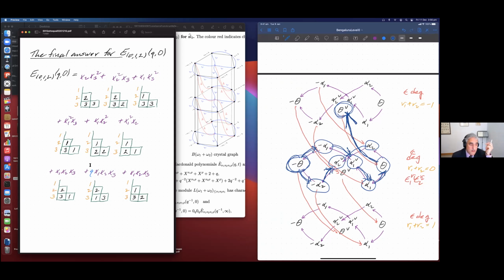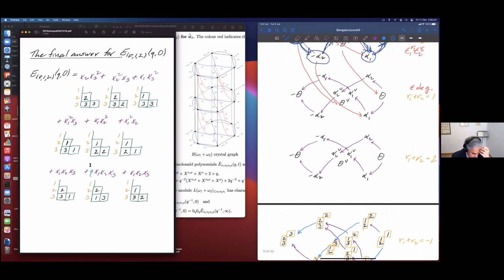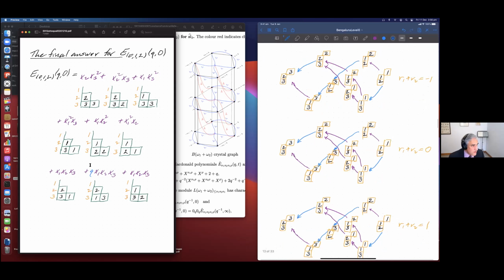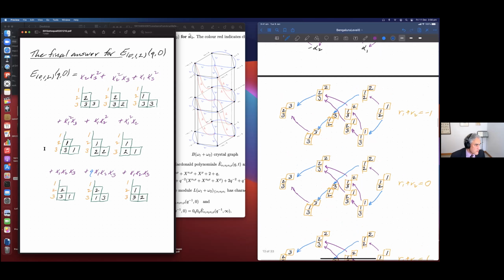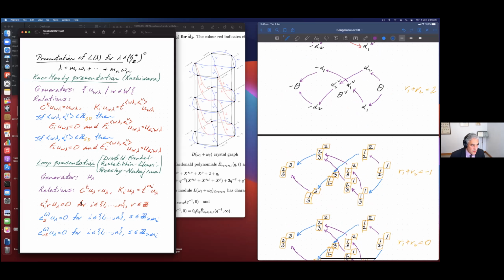Actually, I do want to say this thing. This is the same module, in the loop presentation. There are two presentations of this module, we remember: one is the Kac-Moody presentation, and the other is the loop presentation.